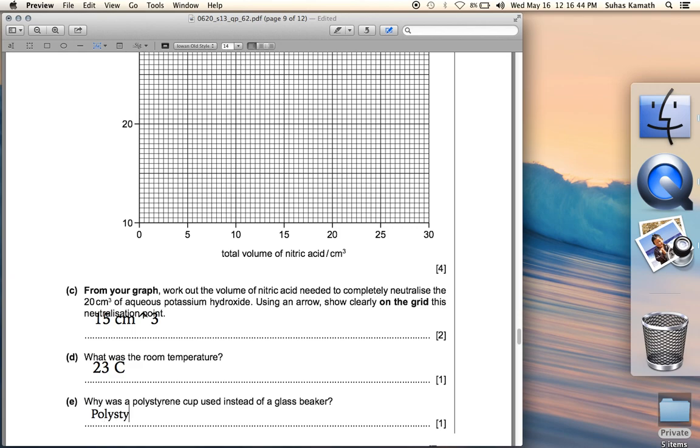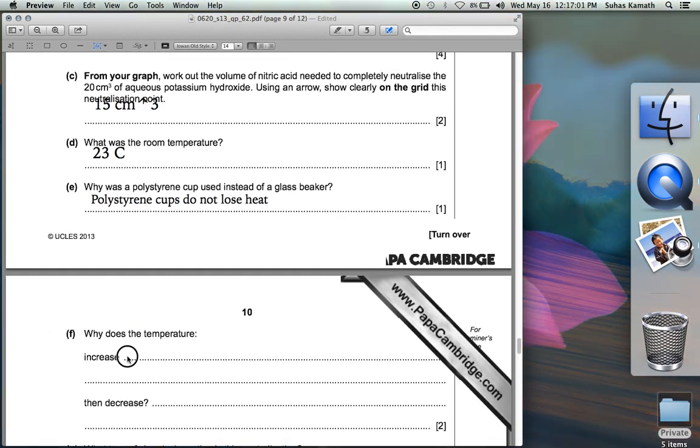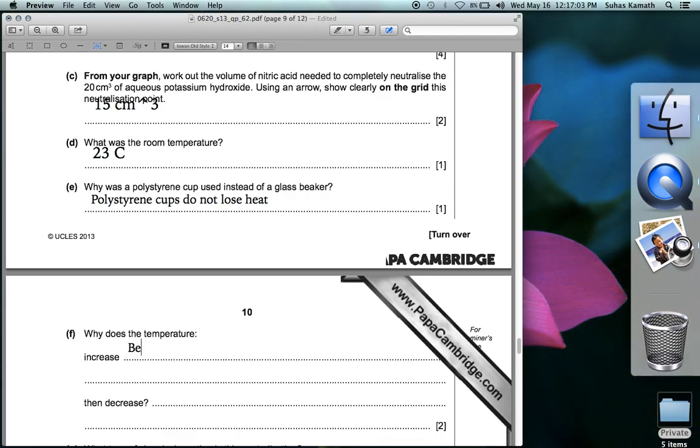Polystyrene cups do not lose heat. Why does the temperature increase then decrease? Increase is right because the reaction is an exothermic reaction.